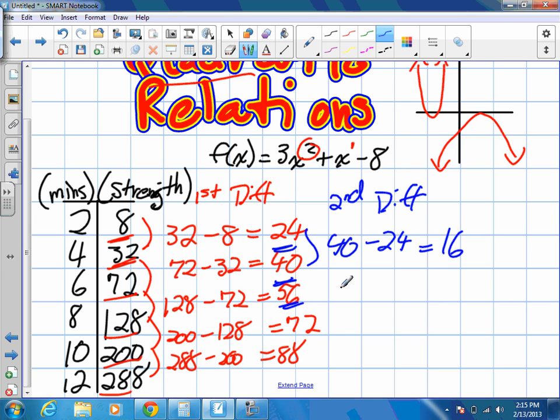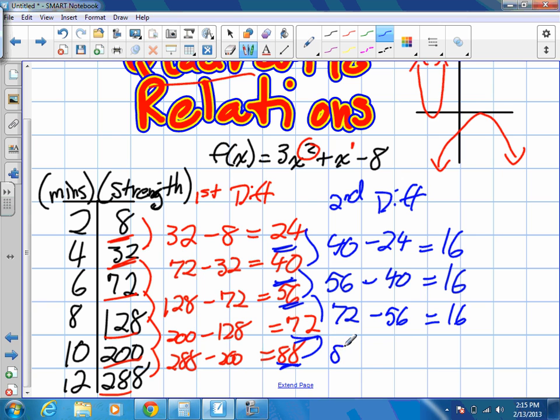Then we take 56, subtract 40, 16 again. 72, subtract 56, 16. And 88 is 16. Okay? So our second difference value was 16 in this case, which means this is a quadratic relationship.